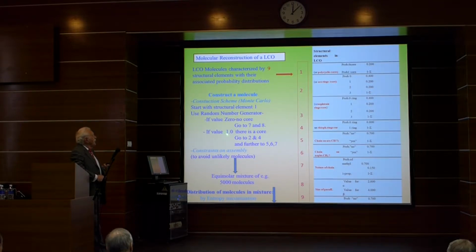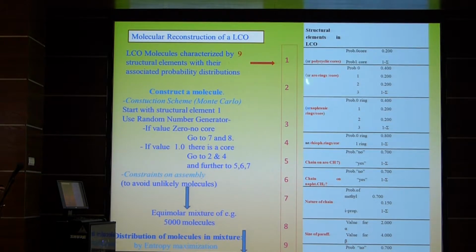If you select from the random number generator a value 1, that means there is a core, and you then go to 5, 6, and 7 to characterize in further detail the molecule. And since this is a Monte Carlo approach, you have to do that many times.